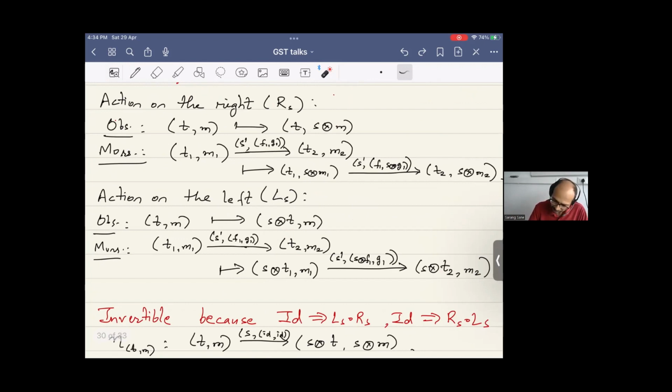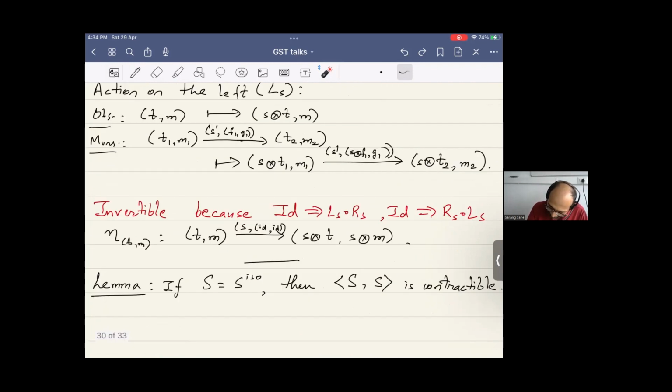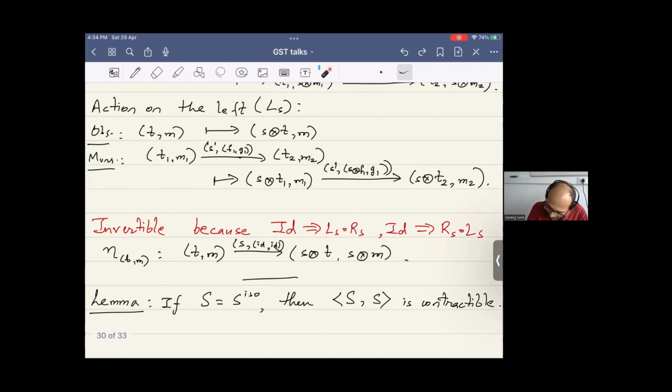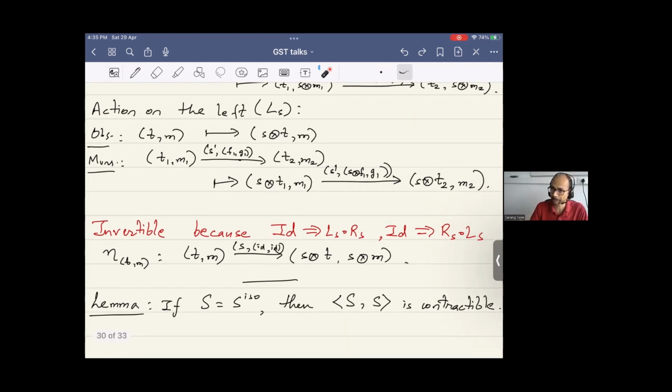And then for the same reason that we had for S inverse S, we have a natural transformation, and that will make these two things, RS and LS, acting on the right and left, homotopy equivalent. So S inverse C is genuinely something where S acts invertibly. That's the point.